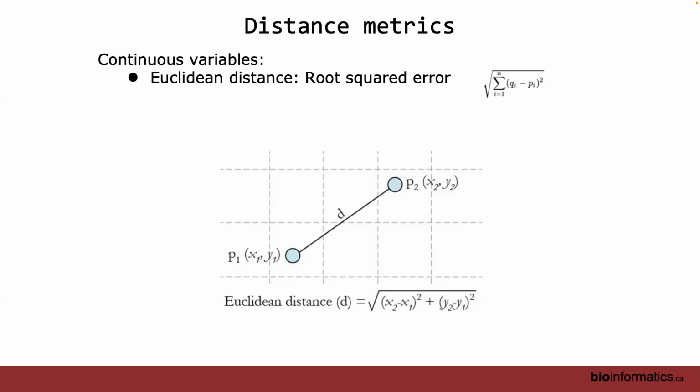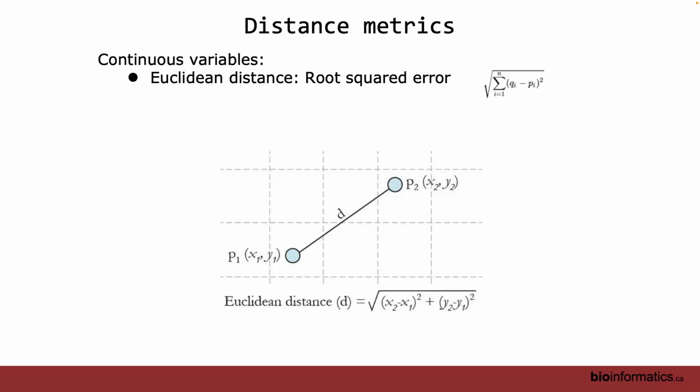And so this is minus 8 squared plus 0 squared, square root. Okay. So this is square root of 64 plus 0, which is 8. So the distance between A and B is 8, right?